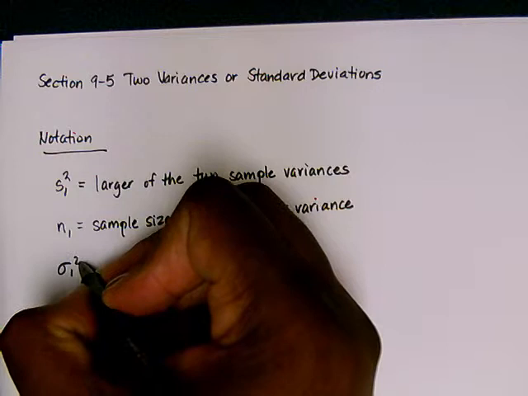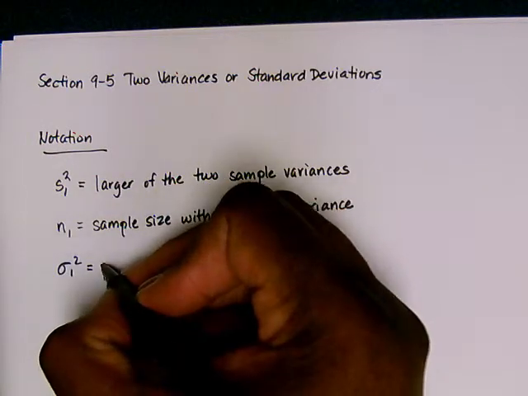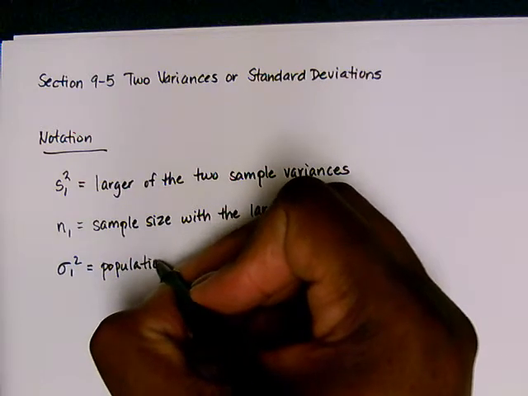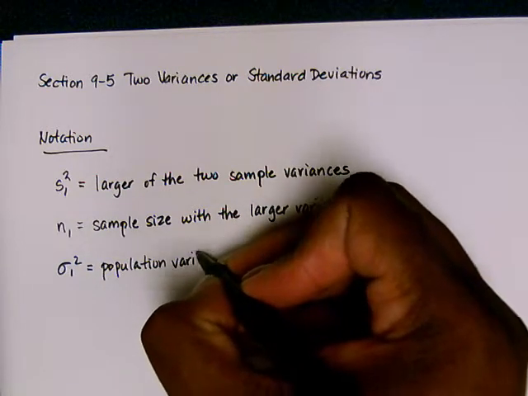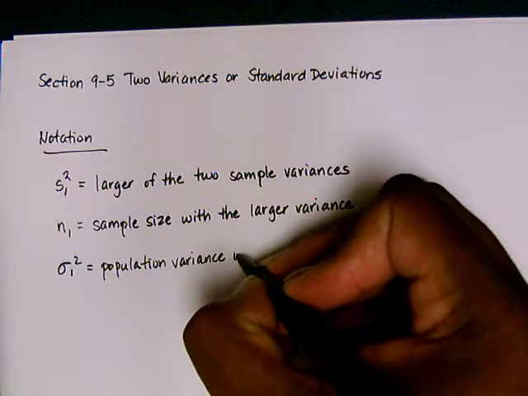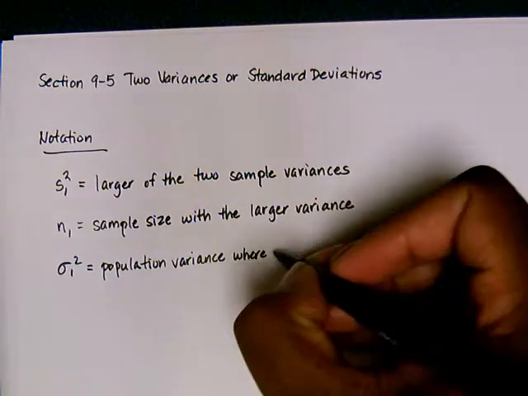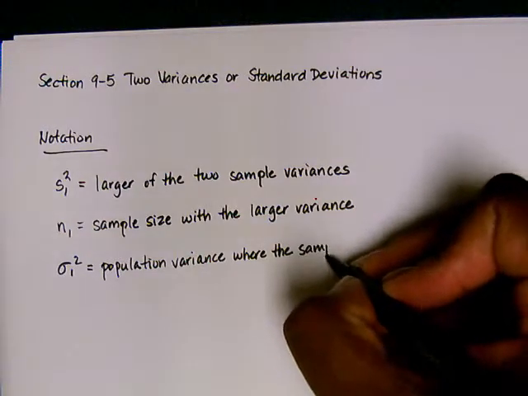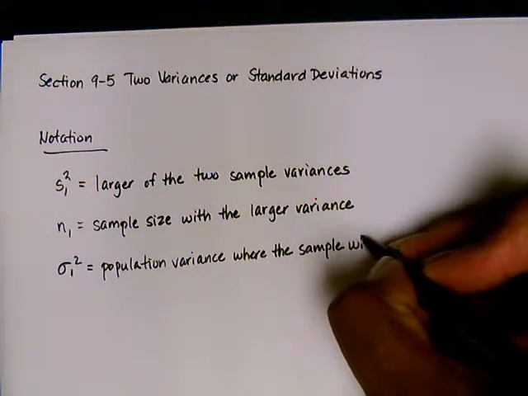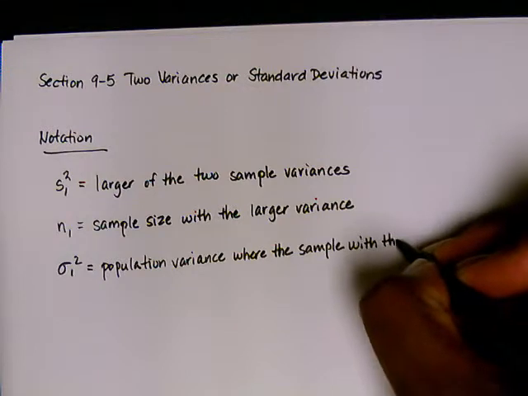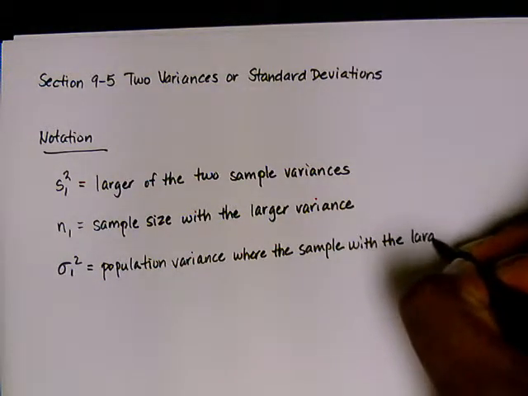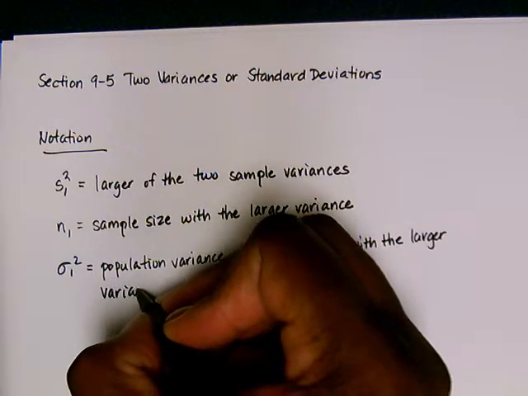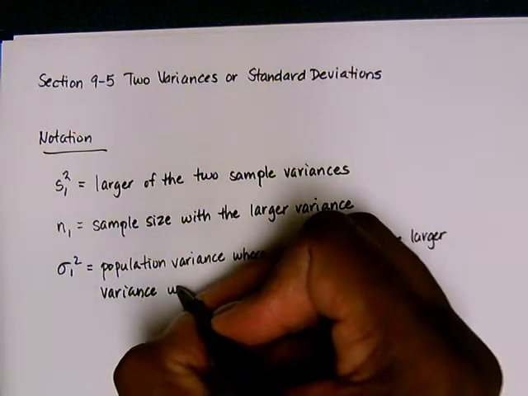And then sigma 1 squared is going to be the population variance where the sample with the larger variance was drawn.